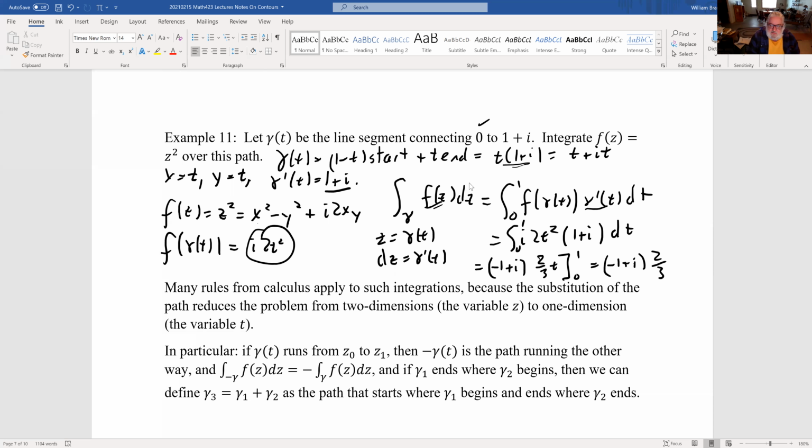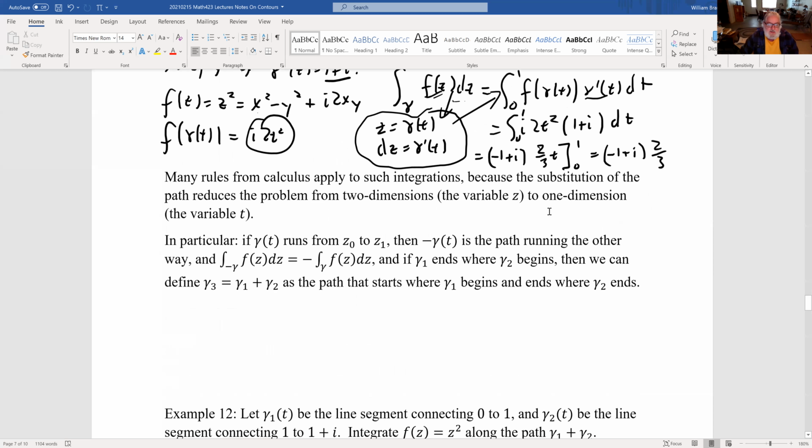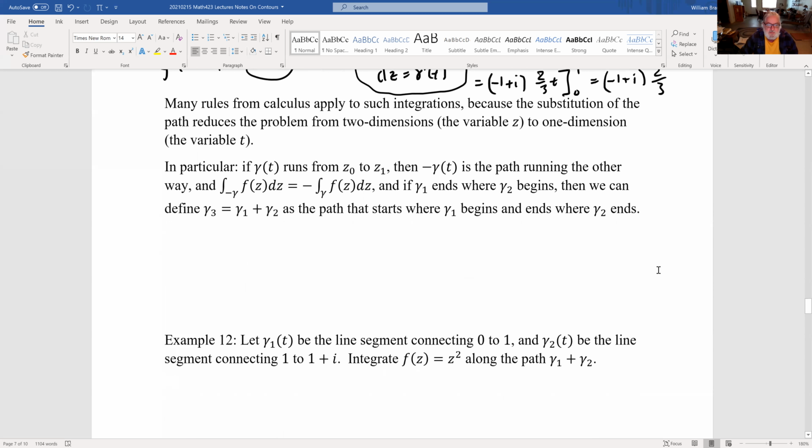It's always an integration by substitution, right? And so that takes this integral into that integral. Since the substitution of the path reduces the problem from a 2-dimensional one with the variable z to 1 dimension of the variable t, you get most of the rules of integration of calculus that you like.